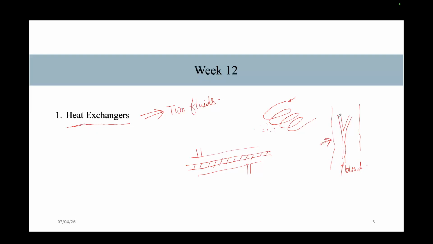So what will happen if something is getting heated up? My question is, if some liquid is getting heated up, what initially happens? If this is a layer and we are applying heat, what will happen to the surrounding liquid? The temperature will start to rise.